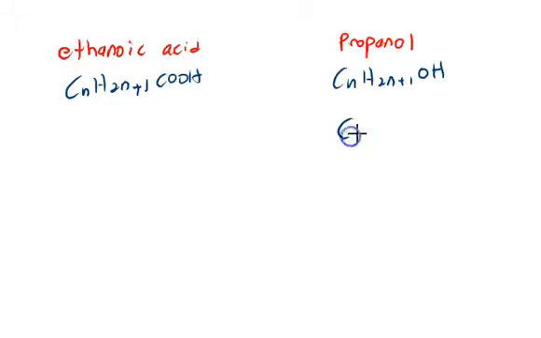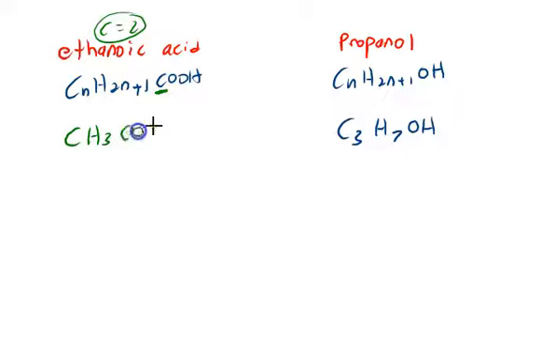So here we have C3H7OH, and for ethanoic acid, carbon is 2, but you have to minus 1 because we already have another carbon over here. So it's CH3COOH.